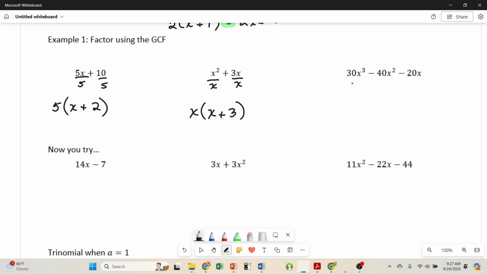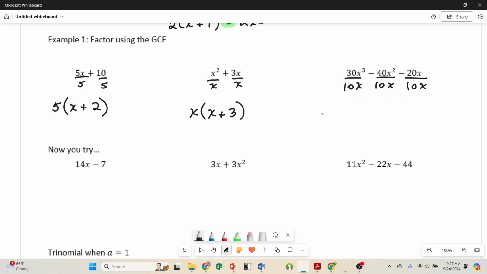In this case, I would look at each number separately. So is there an x in all of these? Yes, and the lowest exponent is just x to the first. What number goes into 30 and 40 and 20? Well, 10 does. That's the only number that goes in all three, right?